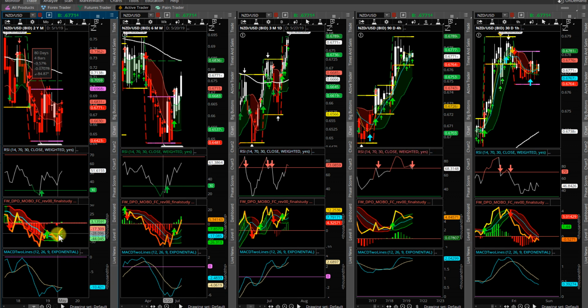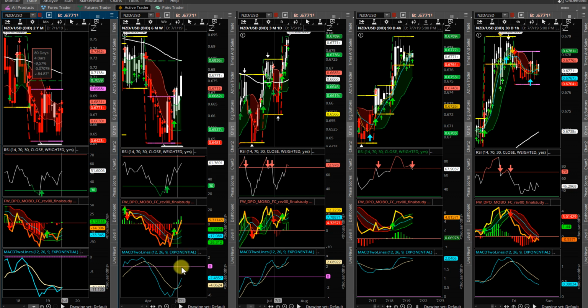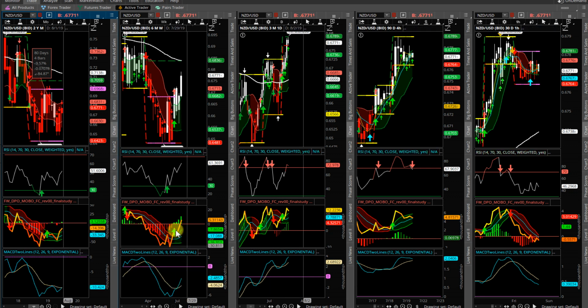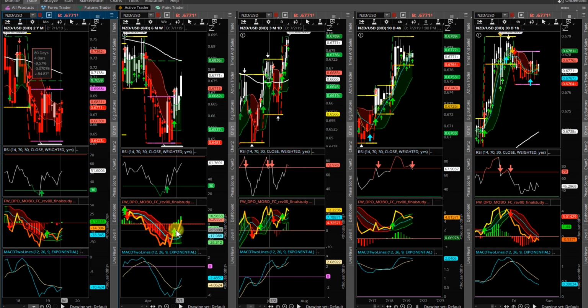The Mobo is giving me a clue that we're starting to get positive on the monthly, slowly but surely, but it hasn't on the MACD. On the weekly, we are positive, and on the Mobo, we are positive. I'm just looking at the indicators.